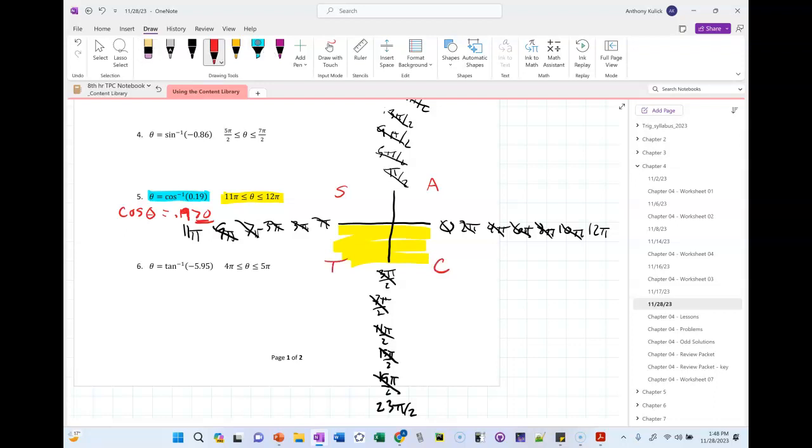All silly turtles crawl. If I look at that, I notice that cosine is positive in A for all of them, and C for cosine. So that's going to be quadrants 1 and 4. So my answer that I'm going to be looking for should be in quadrant 4.